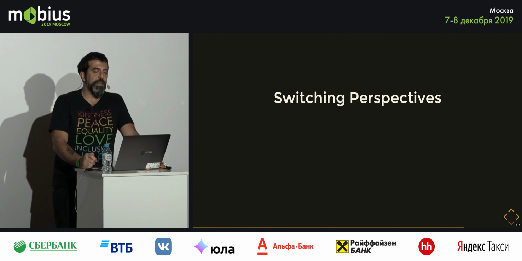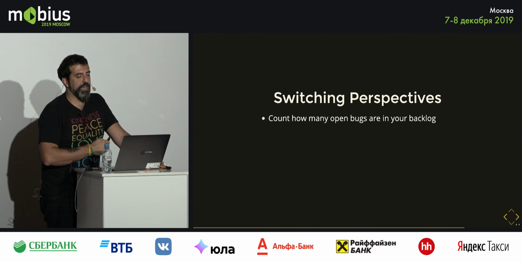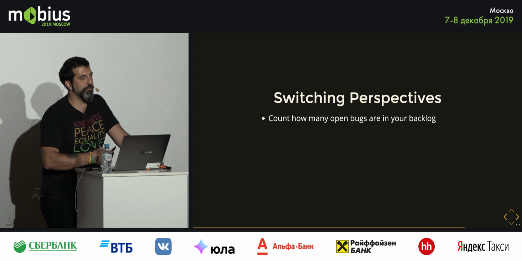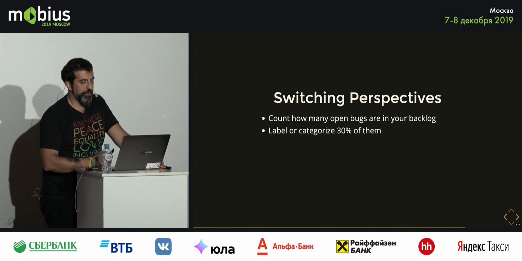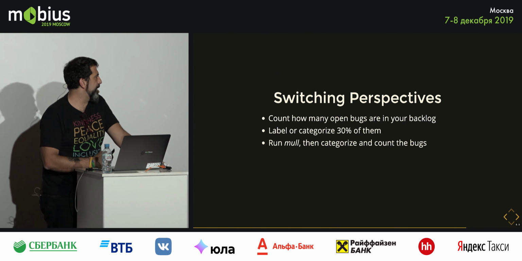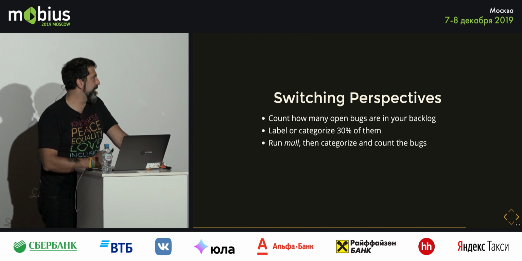You can switch your perspective. You can count how many open bugs you have in your backlog. You can label or categorize 30% of them, and then you can run Mule. And then you can categorize and count the bugs.